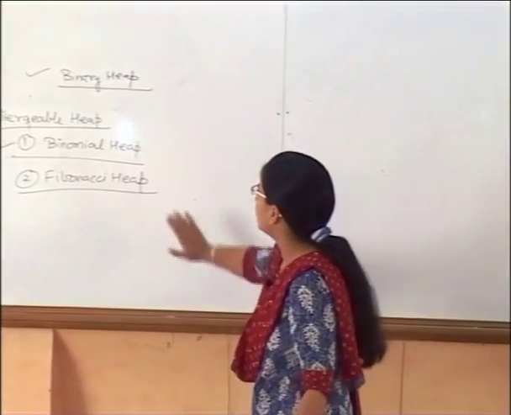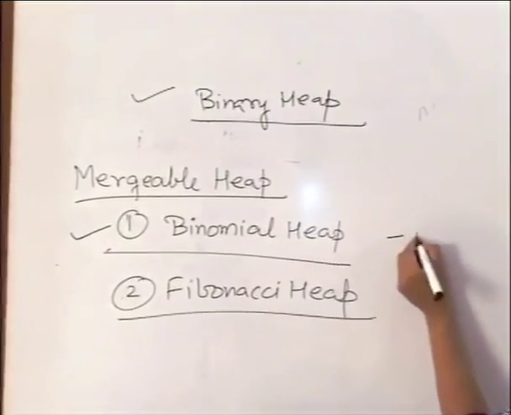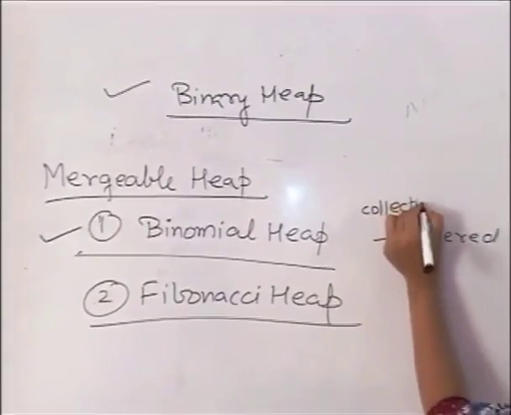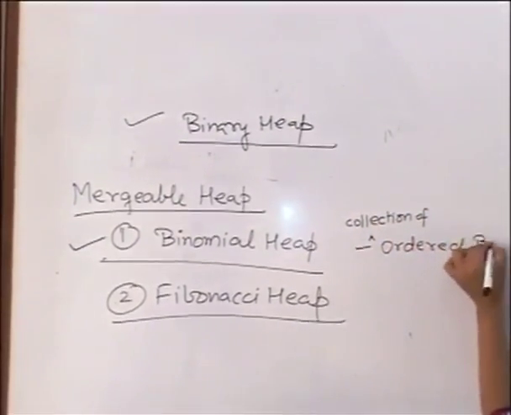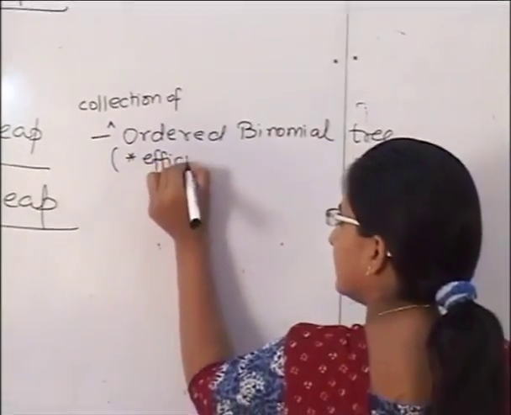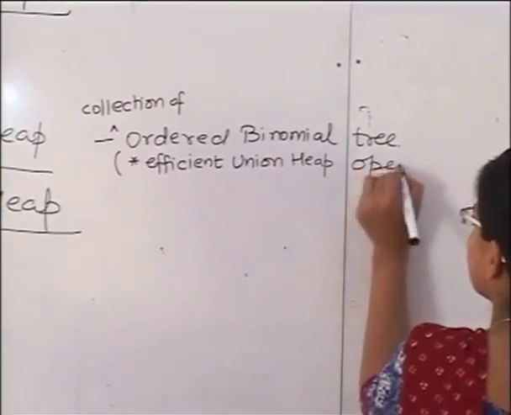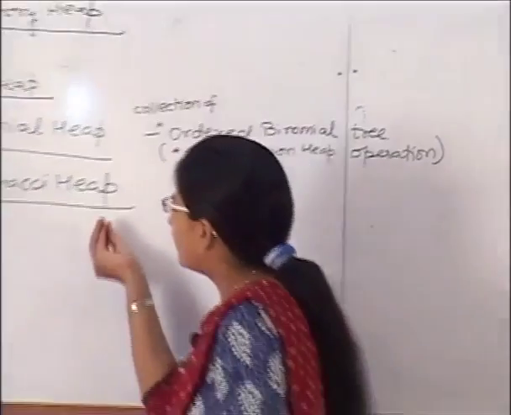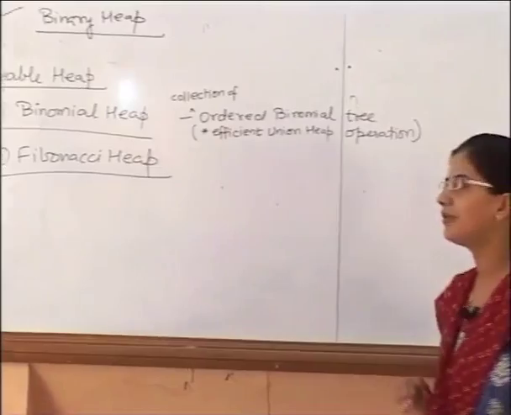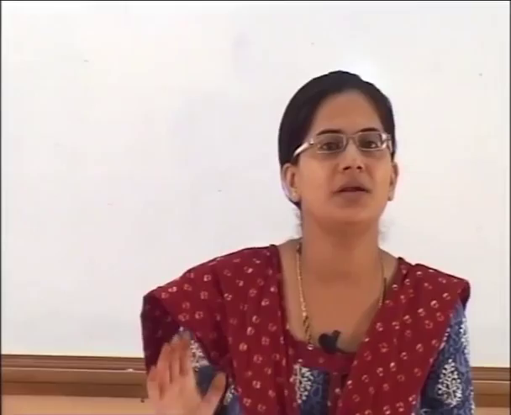I told you that binomial heap is a collection of ordered binomial trees, performing efficient union operation. Instead of a collection of ordered binomial trees, Fibonacci heap is a collection of unordered binomial trees.